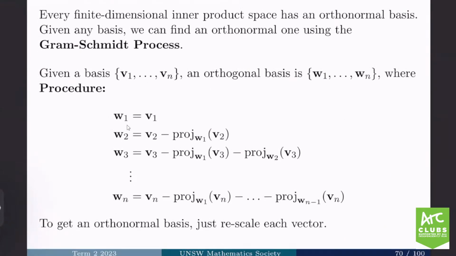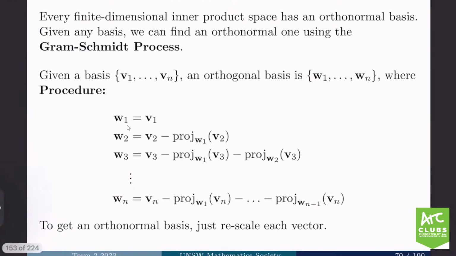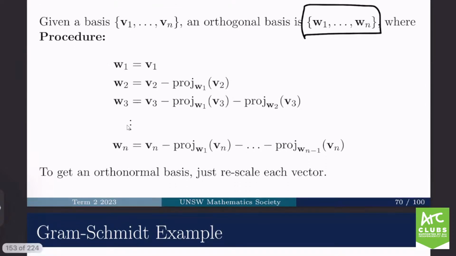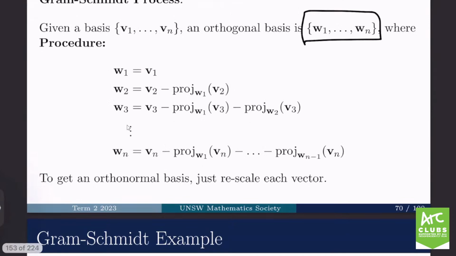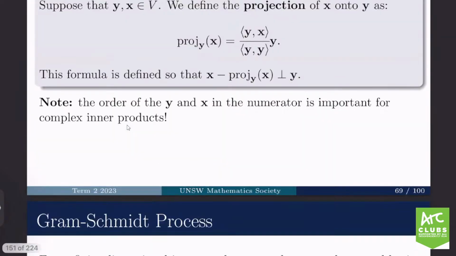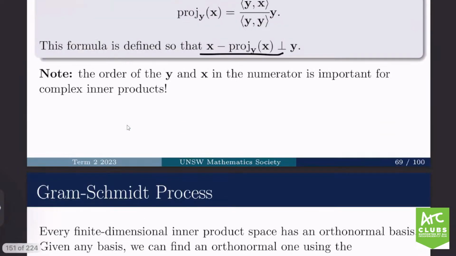So the Gram-Schmidt process is this: you take the set of vectors v1 up to vn. Our goal is to express them first as an orthogonal basis, where all the vectors are mutually orthogonal. We'll call that w1 up to wn. The first, w1, is just going to be the original v1. Now for v2, we need to take v2 minus the projection of v2 onto w1. Keep in mind from our definition of projection that x minus the projection of x onto y is orthogonal to y.